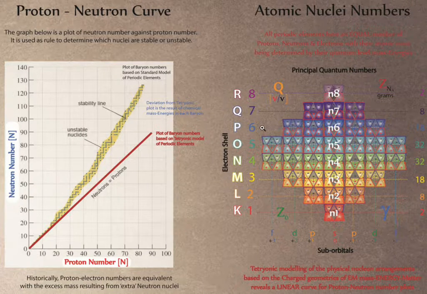Tetryonics shows us both the classical as well as the wave formulation, and it shows us in a physical sense what creates this, in this case the mass energy of the charged geometries. Again, this mass energy is part of a deuterium nuclei. It doesn't result in additional neutrons being formed around the atomic nuclei or element.